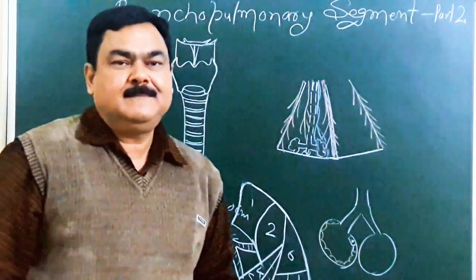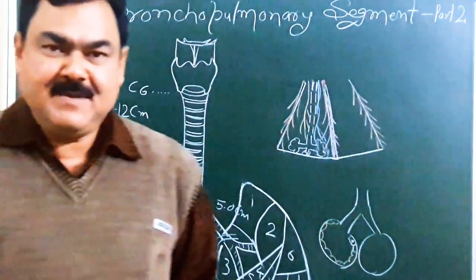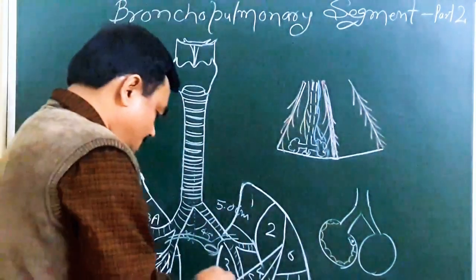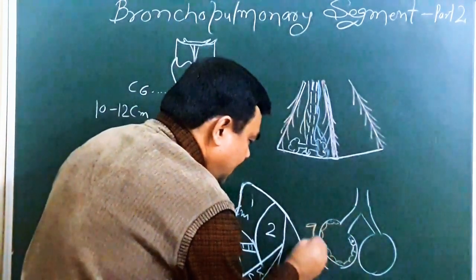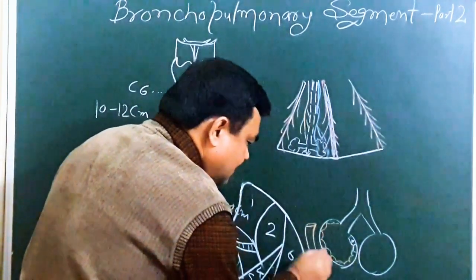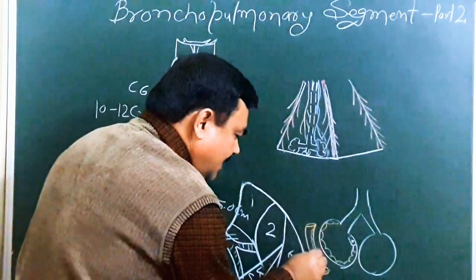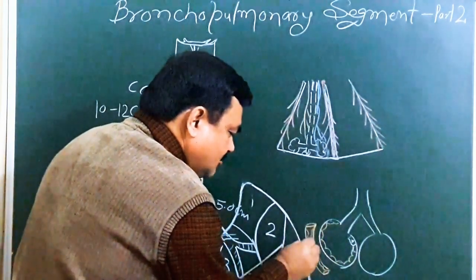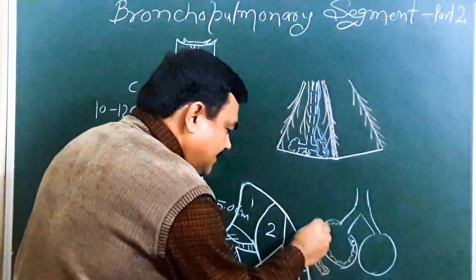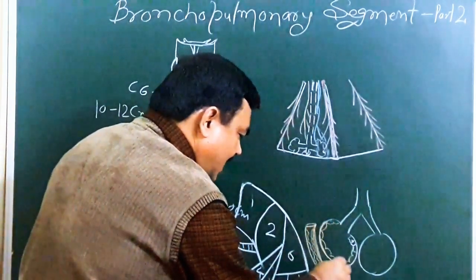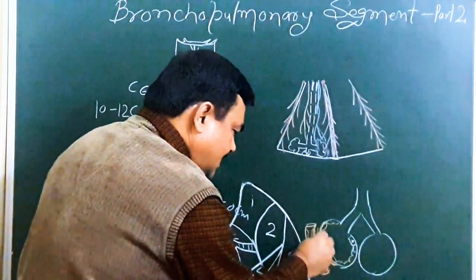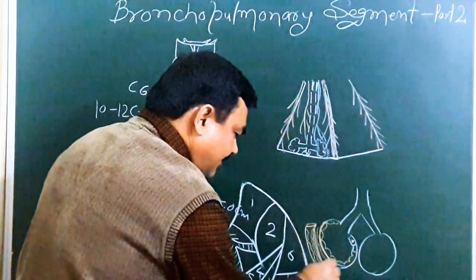Type 2 pneumocytes secrete surfactant, and here is the position of capillary. This capillary is lined by endothelium, simple squamous epithelium. Here is basement membrane of the capillary. Here is basement membrane of the alveoli. Here is connective tissue in between them.